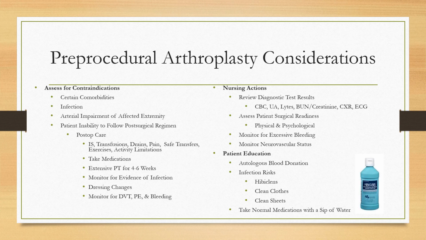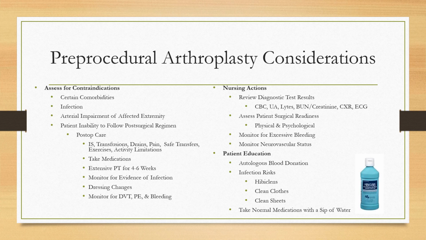So sudden onset of shortness of breath, sudden onset of pleuritic chest pain, or sudden onset of abnormal vital signs associated with chest pain and shortness of breath after a surgery would be a concern for a pulmonary embolus. And of course, monitoring for bleeding at the site.